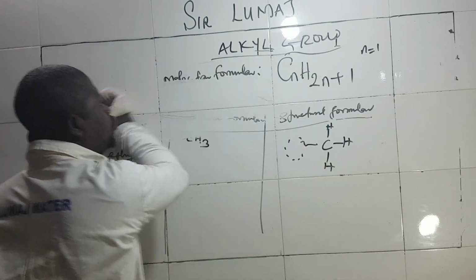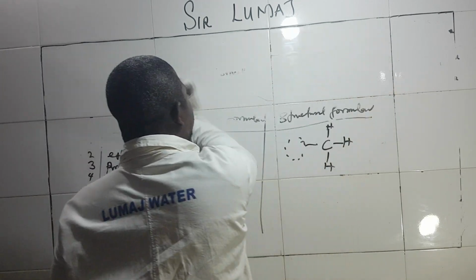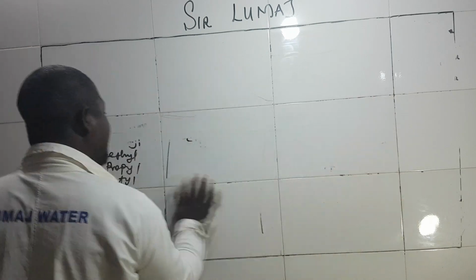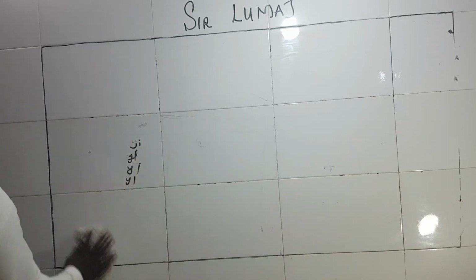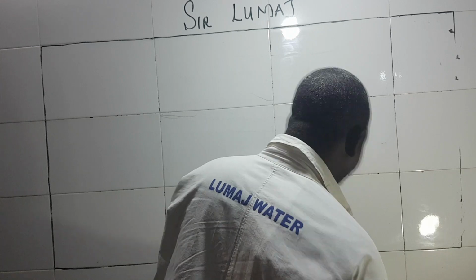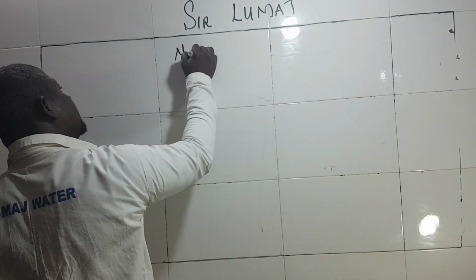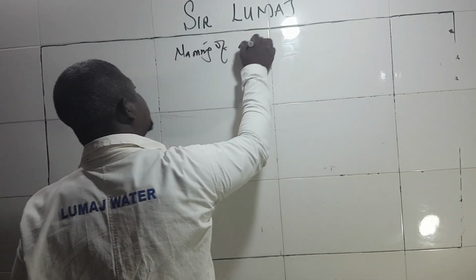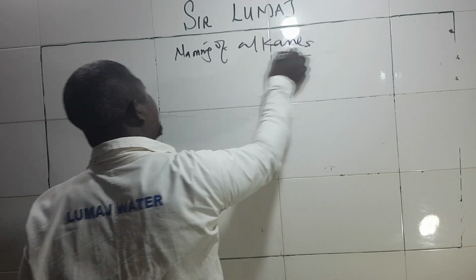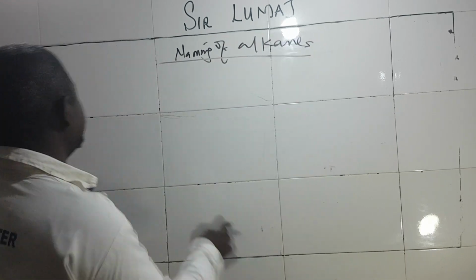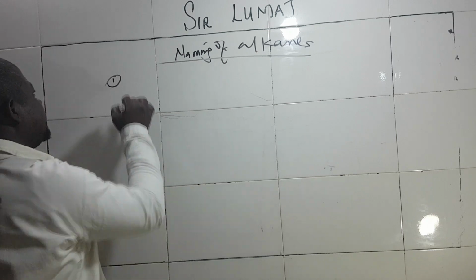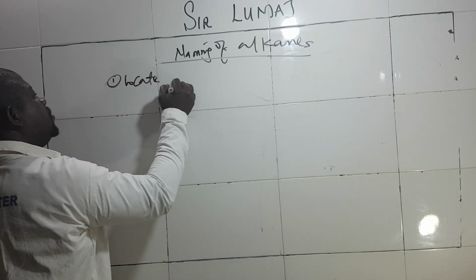The next thing I want to do is naming of alkanes. How do you name them? One, you locate the longest continuous chain.